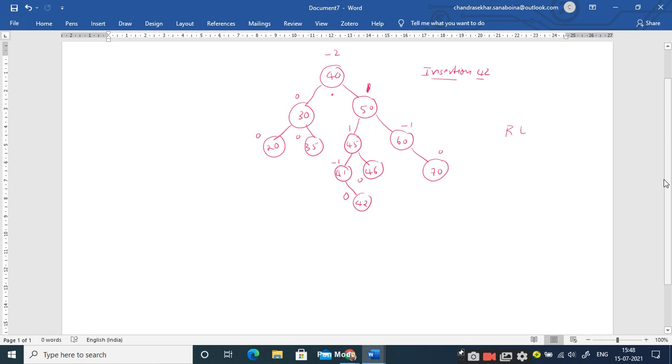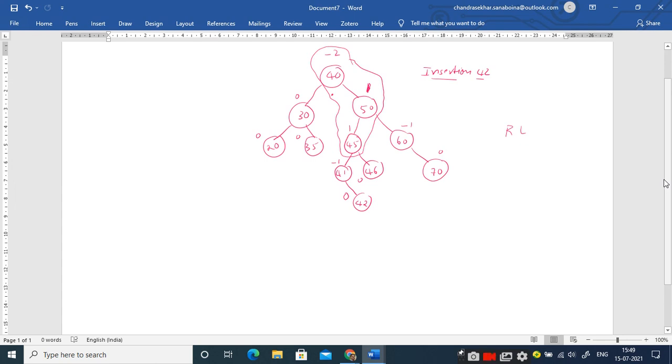So you remove these last two L's and this is what you get. Since the imbalance has happened at 40, from 40 you have to consider 3 nodes in the direction in which 42 has been inserted.